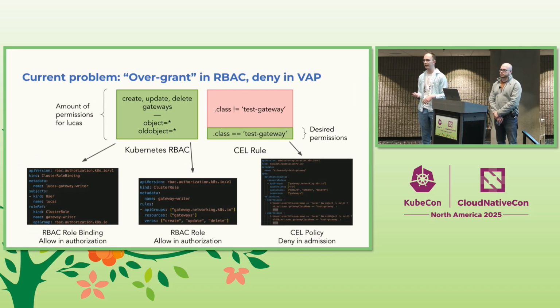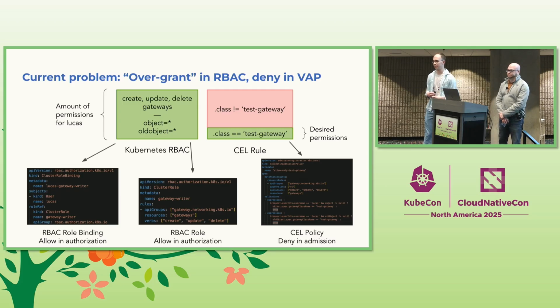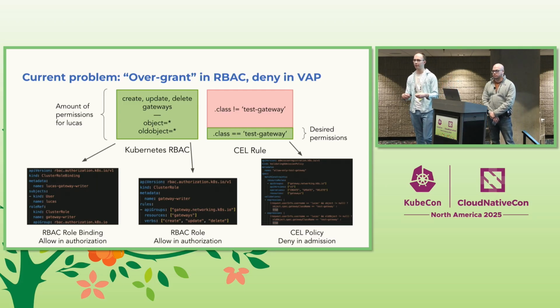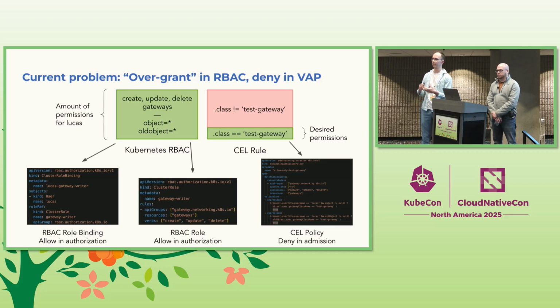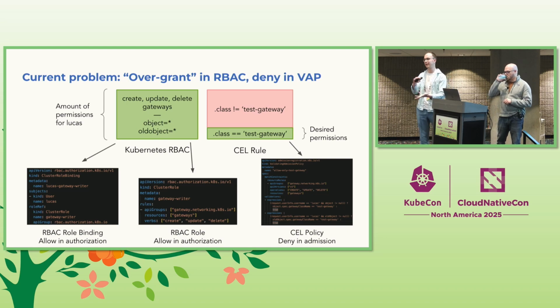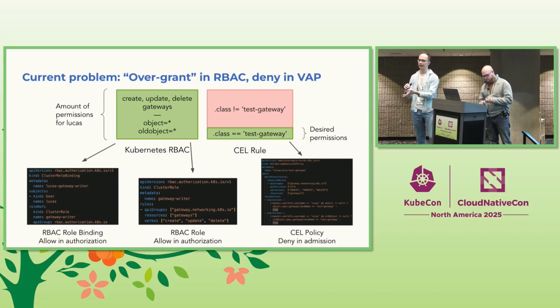However, the idea here is that we could integrate the authorization and admission layer even further, such that the authorizer doesn't have to over-grant in the beginning, saying you can create practically any type of this resource, only to then later have another object take it away. So what if we could write this at the first stage?